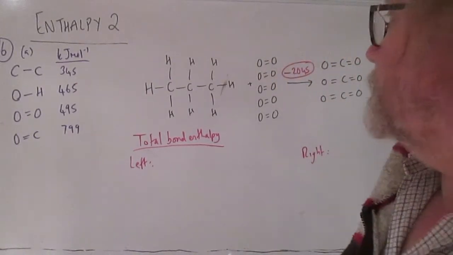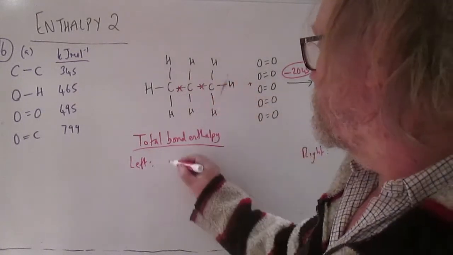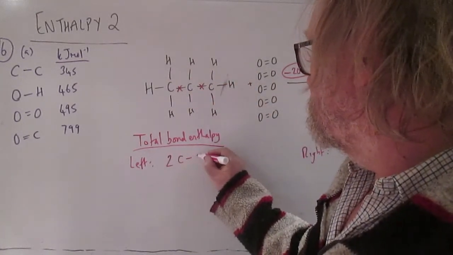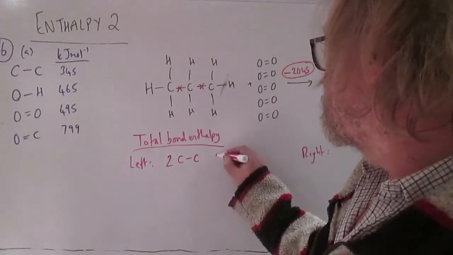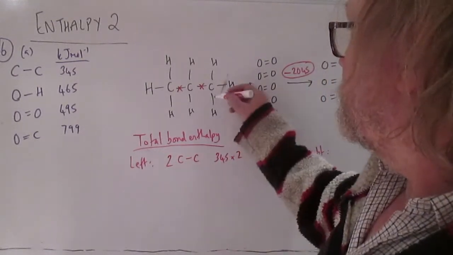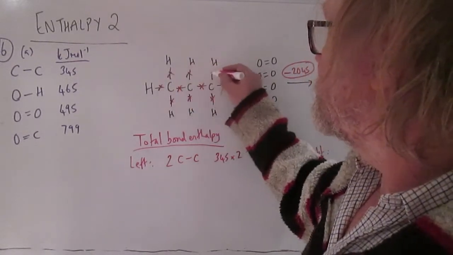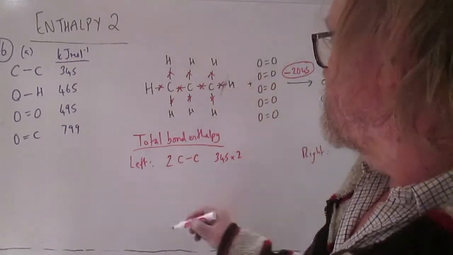So on the left we have 1, 2 C single bond Cs. Okay, so that's 347 times 2. And we have 1, 2, 3, 4, 5, 6, 7, 8 CHs.